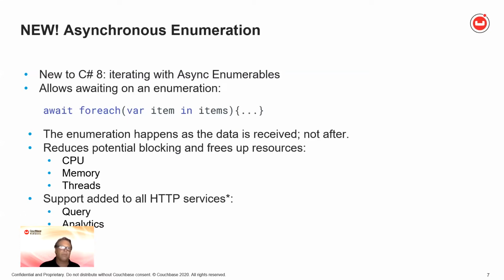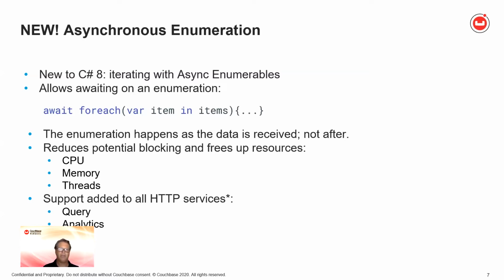So new is asynchronous enumeration. This is a feature that's new to C# 8 and allows you to iterate over async enumerables. This allows this cool syntax, await foreach var item in items. The enumeration happens as the data is received, not after.